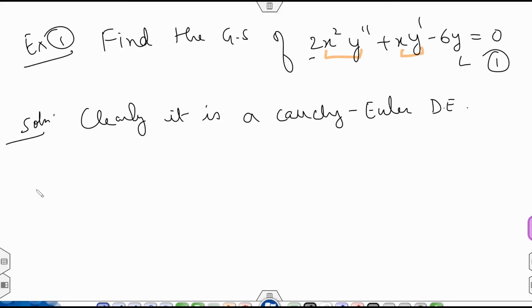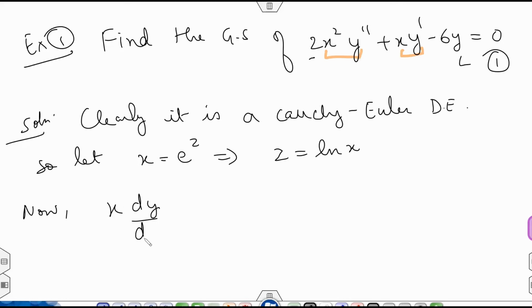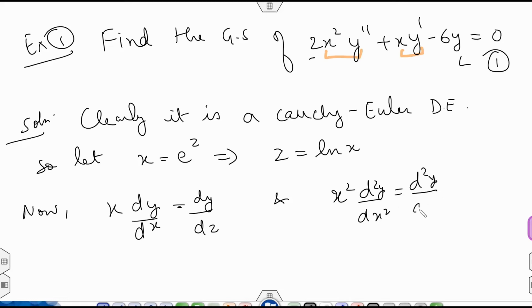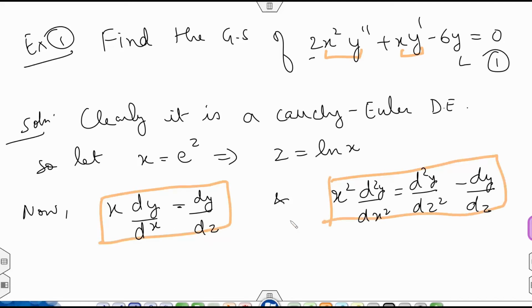So what you will do, you will let x is equal to e to the power z, and this implies z is ln x, and you will substitute, as you have done earlier, dy by dx is equal to dy by dz, and x square d square y by dx square will be substituted by this. This we have already found out. I'll call these equation 2 and equation 3.